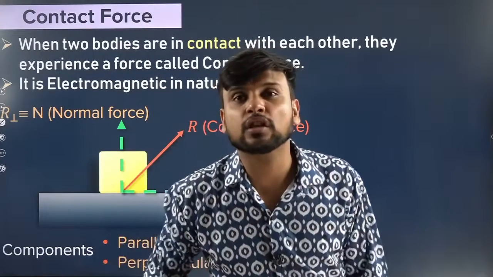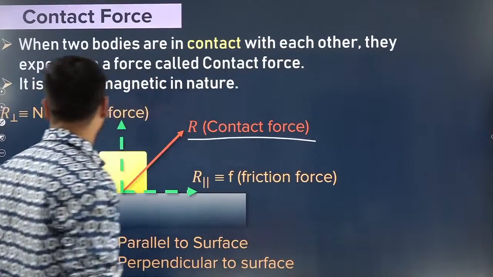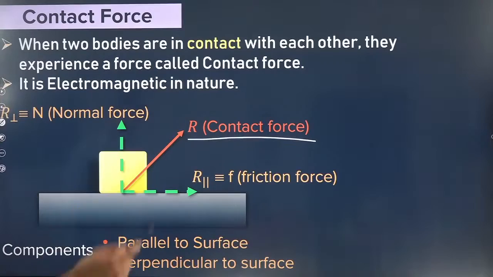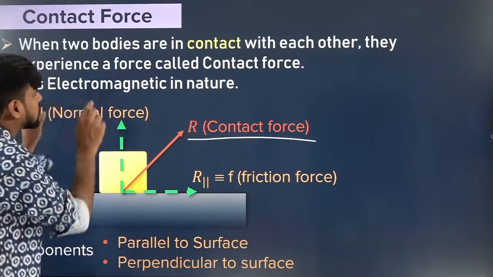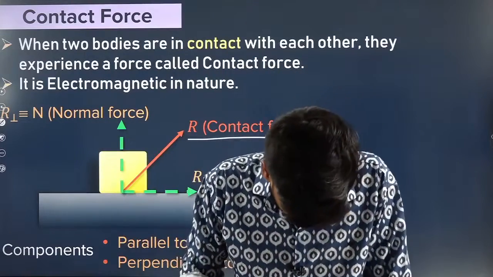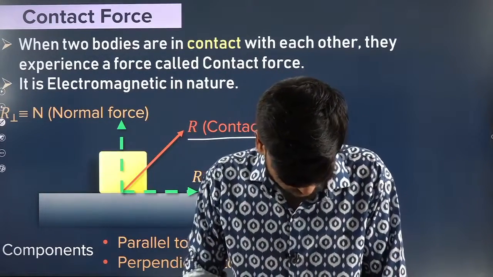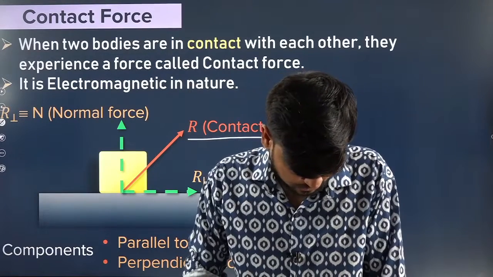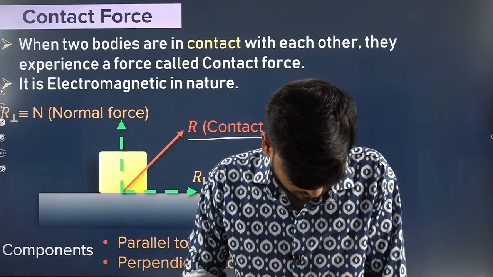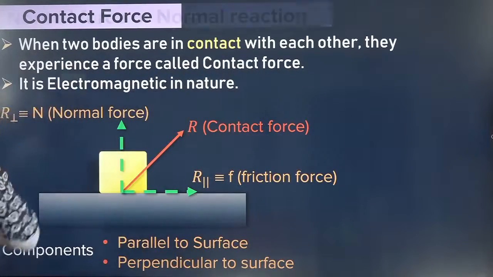So the combination of these 2 forces, we are naming it as contact force. Yes, great. I hope you people are getting this. Yeah, do comment me, yaar. I'm not enjoying. Okay, great. Let's move to next one.